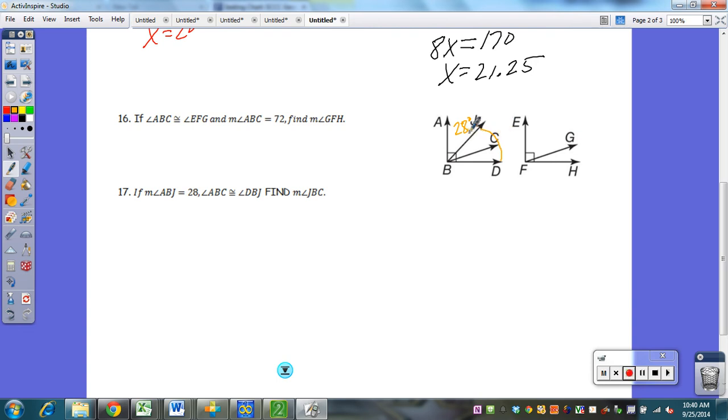Well, we take 90 minus 28, which gives me 62. Okay? However, we're being told, and again, the picture doesn't necessarily reflect it, that this angle right here, DBJ, is congruent to ABC.